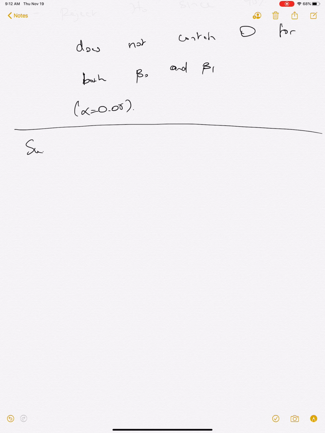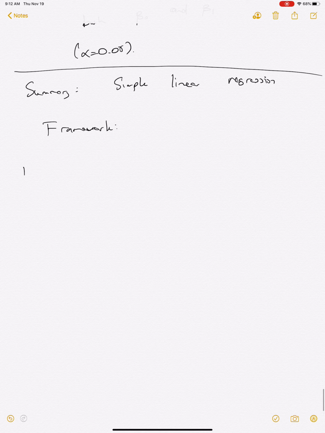Okay, so the summary of our simple linear regression in our framework. So for one, we have that our data is xi, yi, i equals 1 to n.